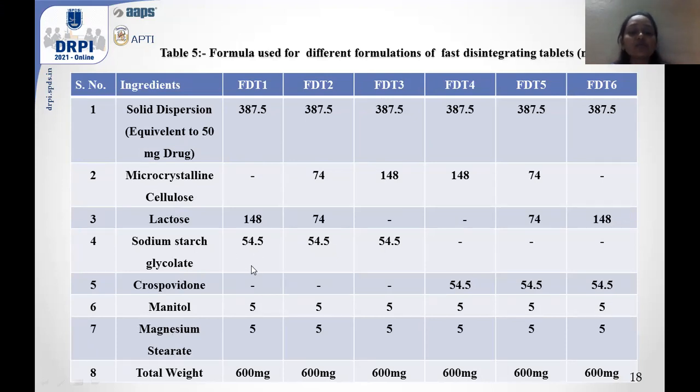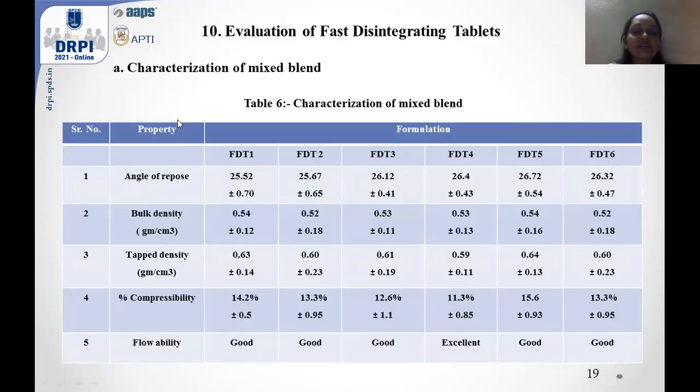Here we have taken two superdisintegrants, that is sodium starch glycolate and crospovidone. After that, we have mixed all the ingredients with the solid dispersion, and we have characterized that mixed blend with different characteristics, like the angle of repose, bulk density, tap density, percent compressibility, and flowability, and this is the value which we have got.